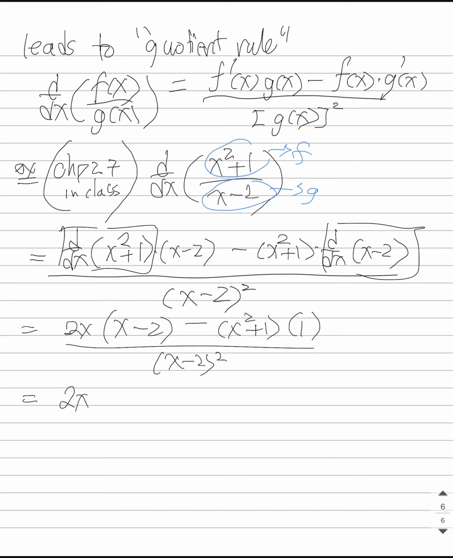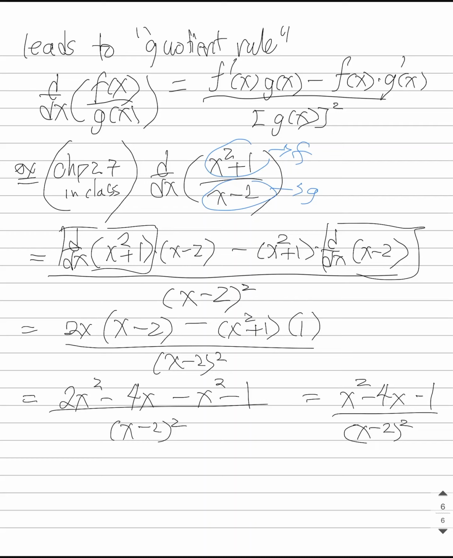Now, just like before, we want to distribute everything to try to clean up the result as much as possible. x squared minus 4x minus 1, over x minus 2. And it's as simple as that to get us to the result we want.